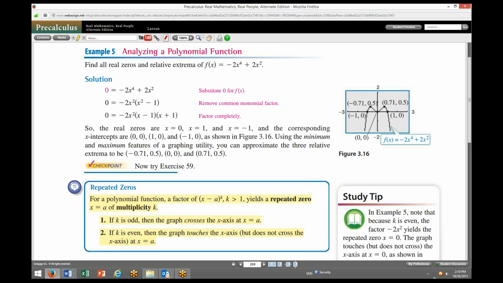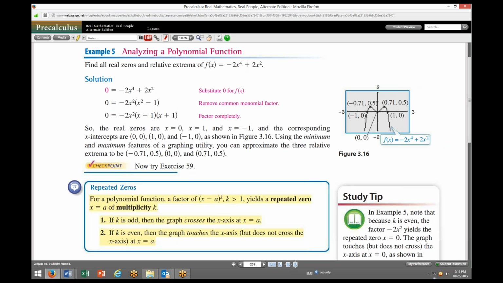If you see a graph like this where a certain function either comes down from above and just touches the x-axis, and then moving to the right, it goes back up again, or if it comes from the left and from below, up to the x-axis and just touches it and goes back down again without crossing it, in those cases, you know that whatever the x-intercept value is there, that x number is going to be a zero of the function an even number of times, not an odd number of times.